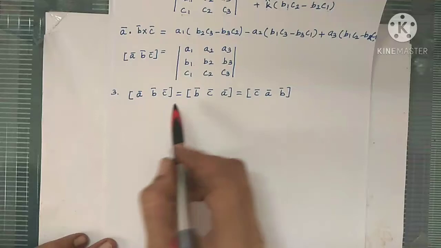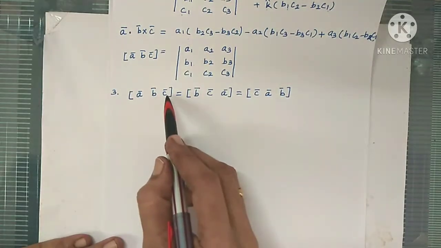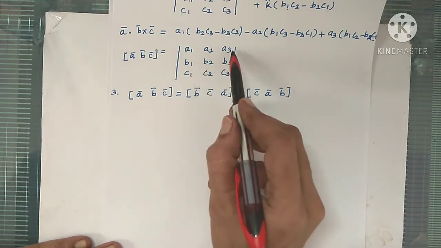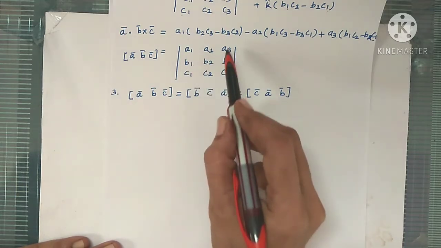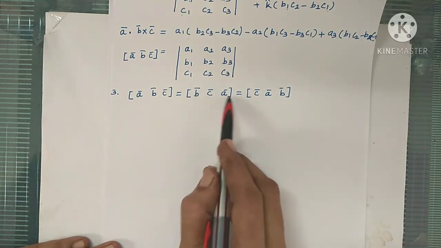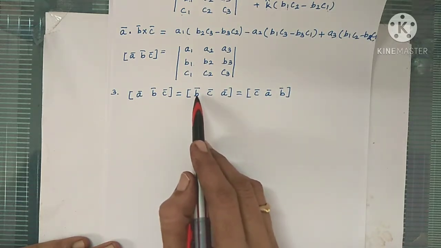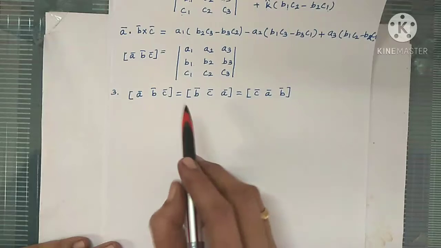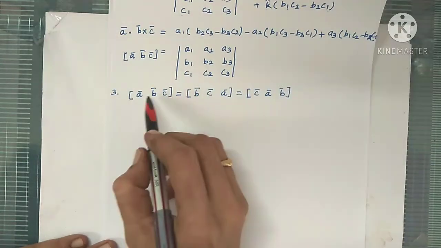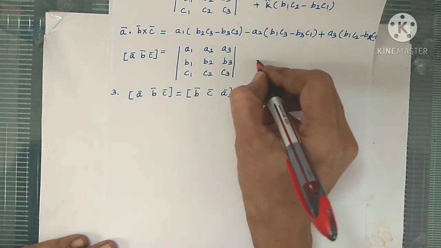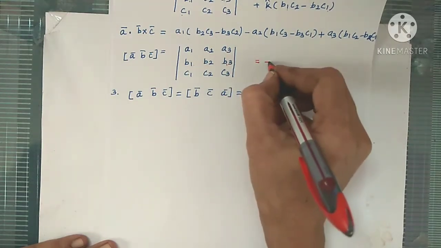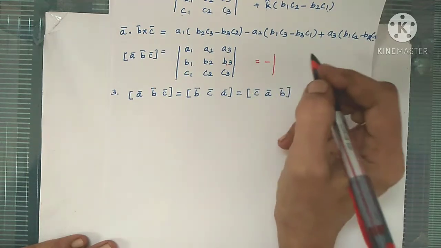So if we consider the scalar triple product A bar, B bar, C bar, we have in the determinant the first row as the coefficients of i, j, k from A bar, then B bar and then C bar. To write this scalar triple product, what we need is the coefficients of i, j, k from B bar in the first row. So considering this scalar triple product A bar, B bar, C bar, if we interchange these two rows, then by the property of determinants, the sign changes.